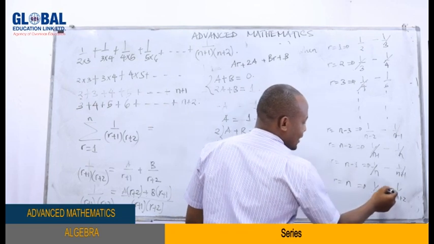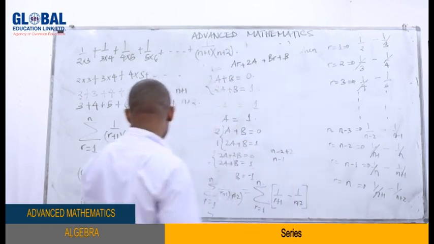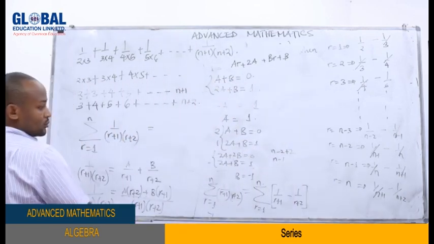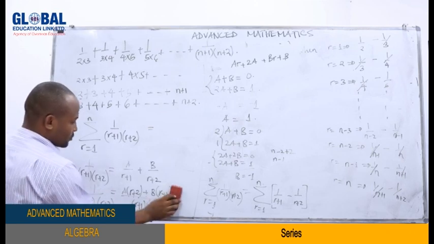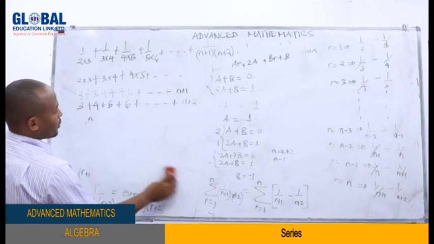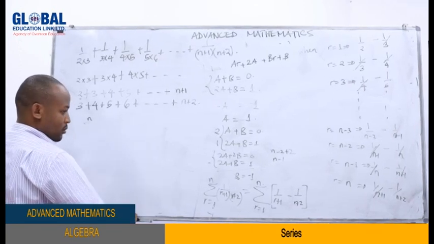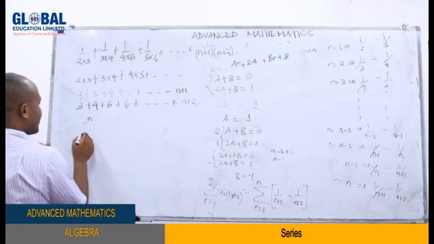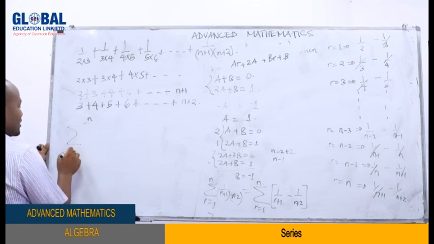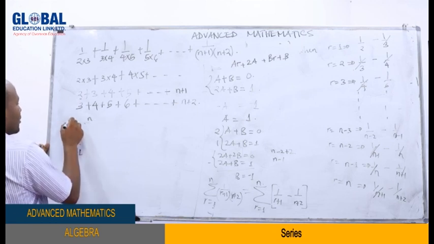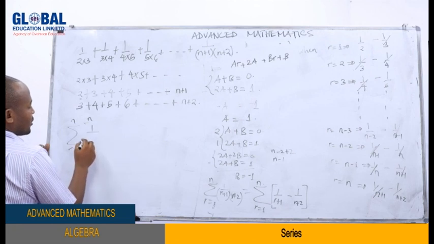So we'll be left with the summation from r equals 1 to n of what?